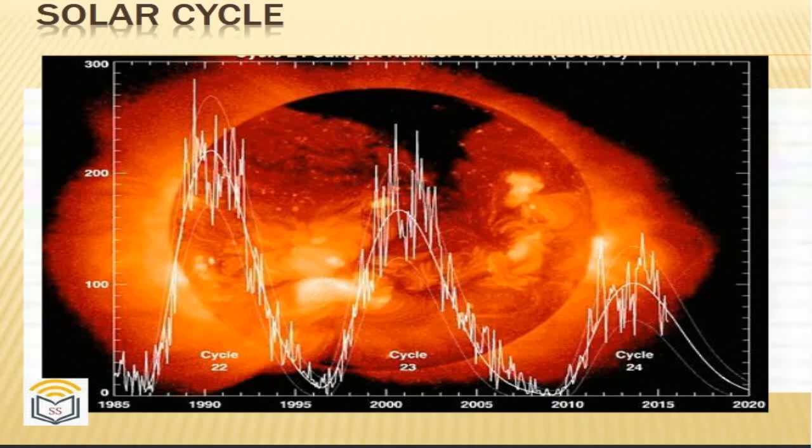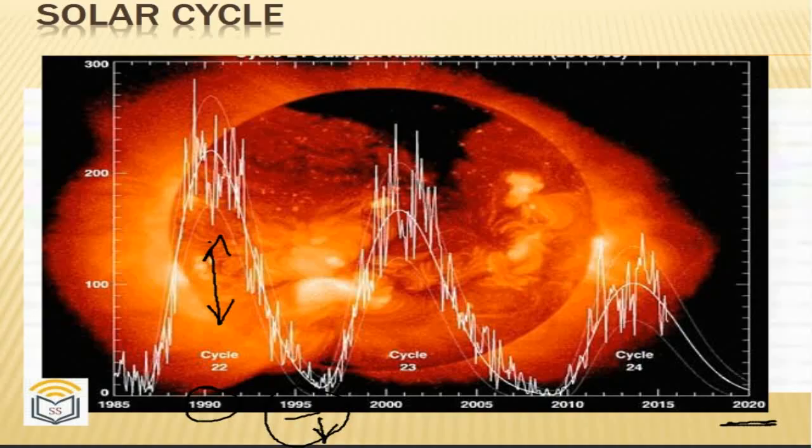Now in this graph one can see the time frame of the solar cycle. As you can see, around 1990 a solar maximum happened, and around 1995 or 96 there is a period of solar minimum. Now we are in 2020.